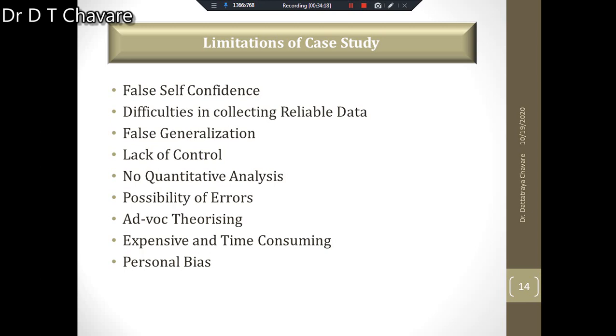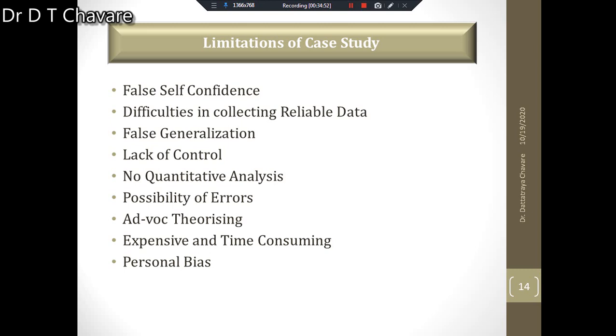Then the second last limitation we have to study is expensive and time consuming. The case study method is costly, time consuming and wasteful in certain cases where the objectives are limited. It means such things we have to understand, that it is time consuming and expensive. And the last limitation we have to understand, what is it?